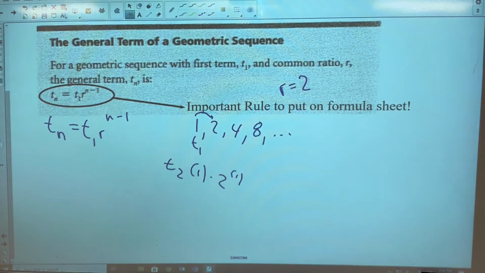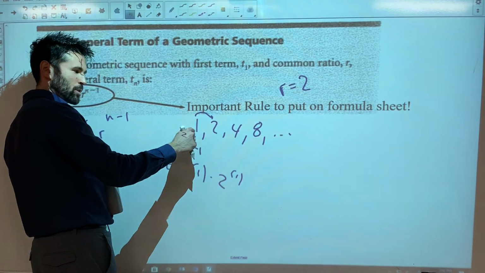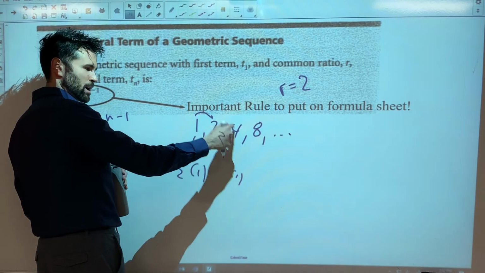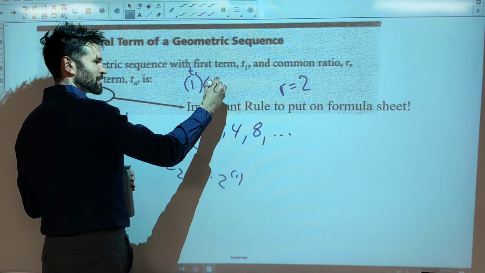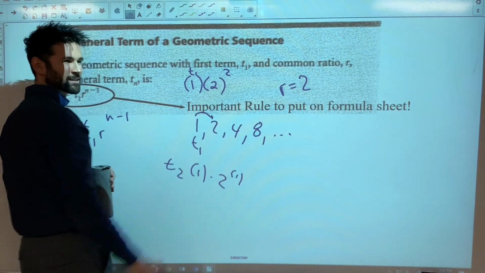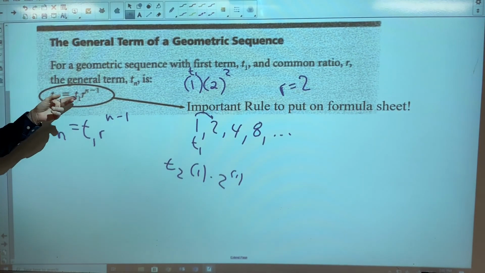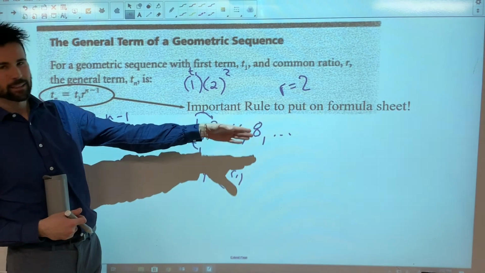You guys agree? Yeah? And then to get term 3, if you start from term 1, it would be multiplied by 2 how many times? 1, 2. So where does this formula come from? Somebody just thought, if you start with term 1, how do I get any other term?